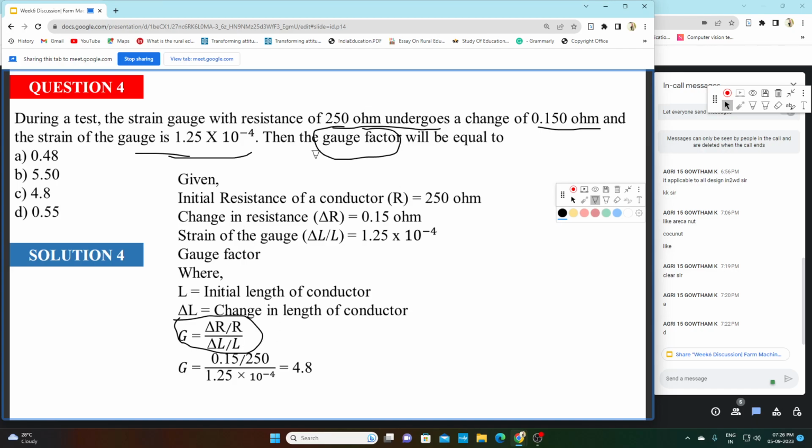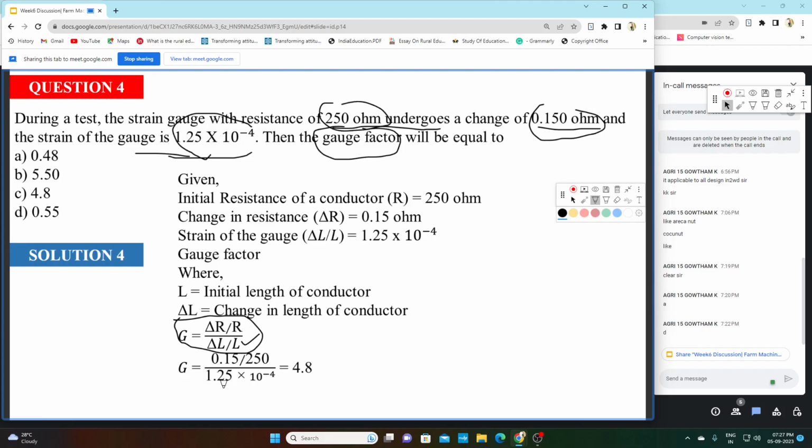So in this question, what is given? We have been given strain, so delta L by L we know. Now we have to calculate delta R by R. Delta R, the change in resistance, is given as 0.150, and resistance is given as 250.